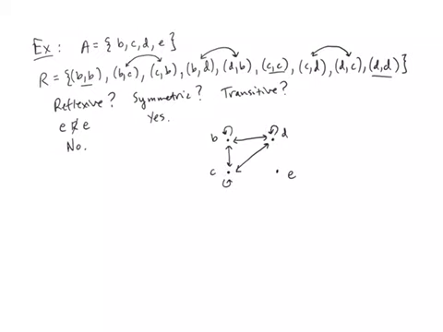Right, so the E without a loop at it, that exposes the non-reflexivity. The arrows being all double arrows, that tells us that we have a symmetric relation. And it seems pretty clear from this that we have a transitive relation as well.